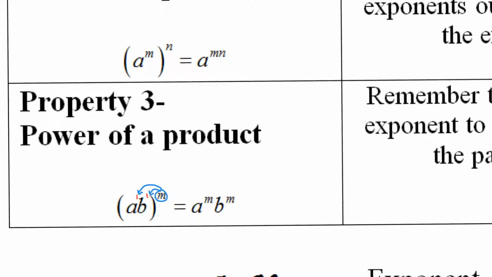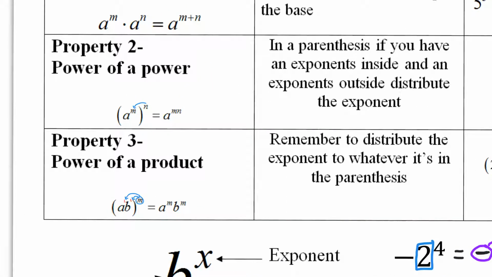Let me just draw an arrow so you guys know. I'm going to multiply the exponents here, m times n. So here you just do it 2 times. You multiply m times 1. You keep the base, so a to the n power, and b, there's the base, and m times 1 is m. So here I show you guys that, or it says, remember to distribute the exponent to whatever is in the parentheses.